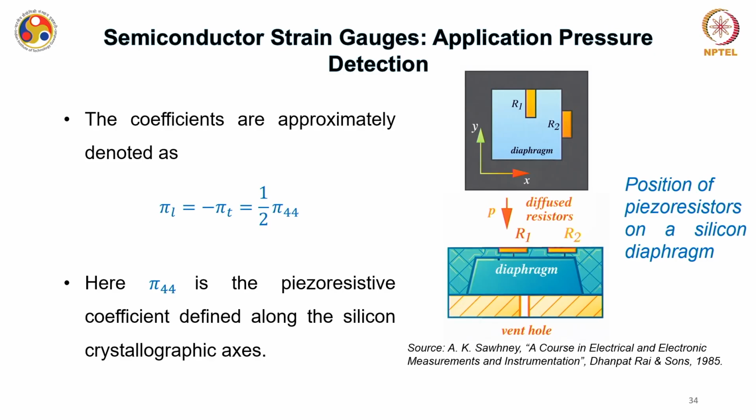The coefficients are approximately denoted as pi L and pi T, where pi L is equal to minus pi T, and either pi L or minus pi T is equal to half of pi 44. Pi 44 is very important in the case of silicon, because pi 44 is the piezo-resistive coefficient defined along the silicon crystallographic axes.